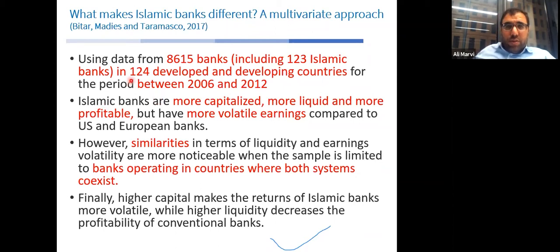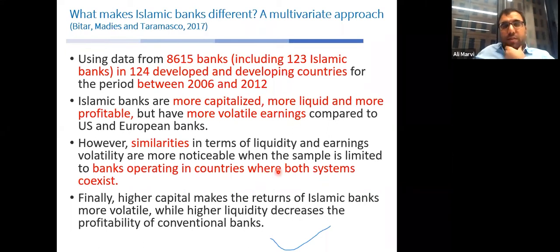They use a data set of 8,615 banks, including 123 Islamic banks, in 124 developed and developing countries for the period 2006 to 2012.